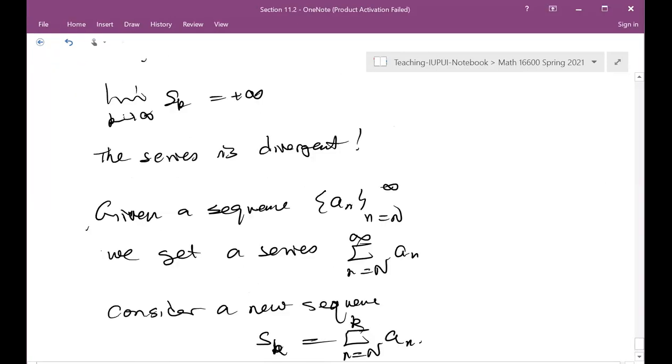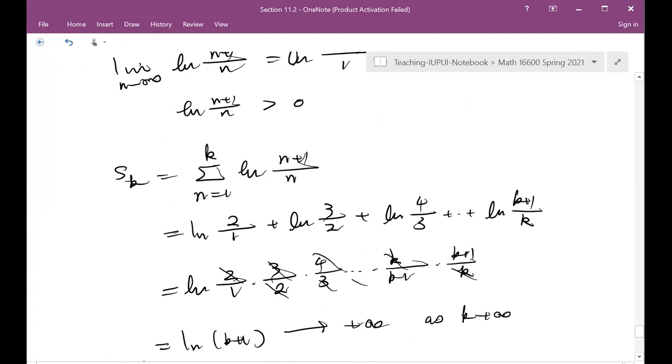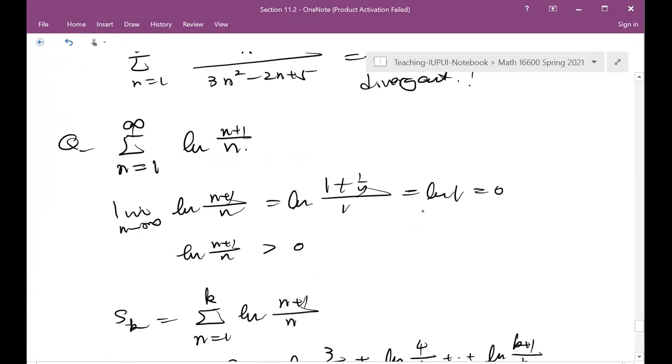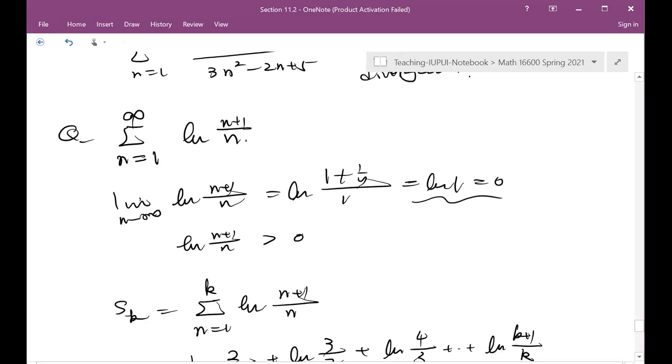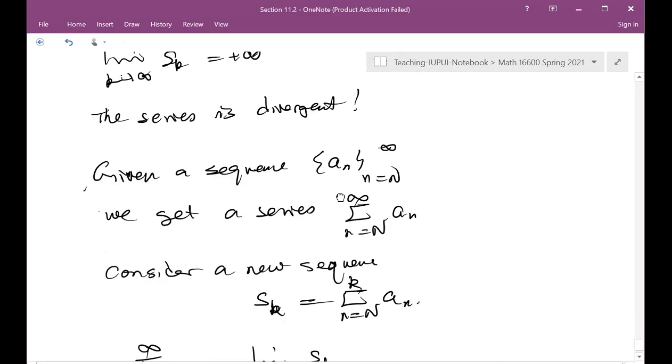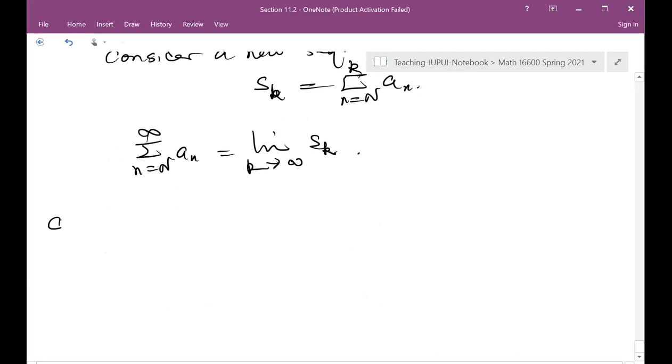But unfortunately, for the above problem, the limit of the nth term is 0, and we still see that the series is divergent. So the limit of the nth term being 0 does not guarantee the series is convergent. And here's another example.